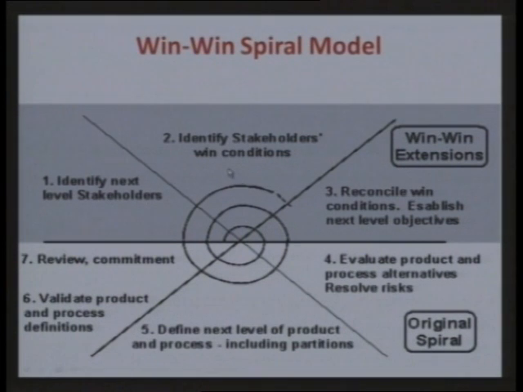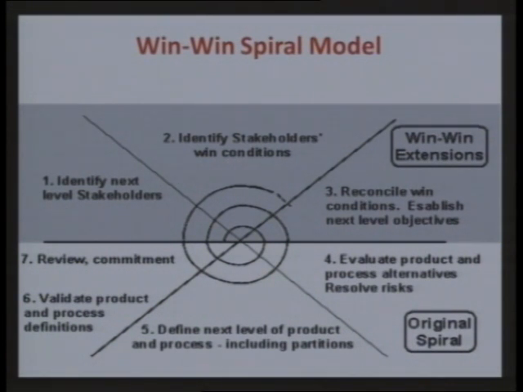Next, we have to identify the stakeholders' win conditions. What are the win conditions for the individual stakeholder? And third, we reconcile these win conditions. After this reconciliation of the winning conditions, we also establish next level objectives.